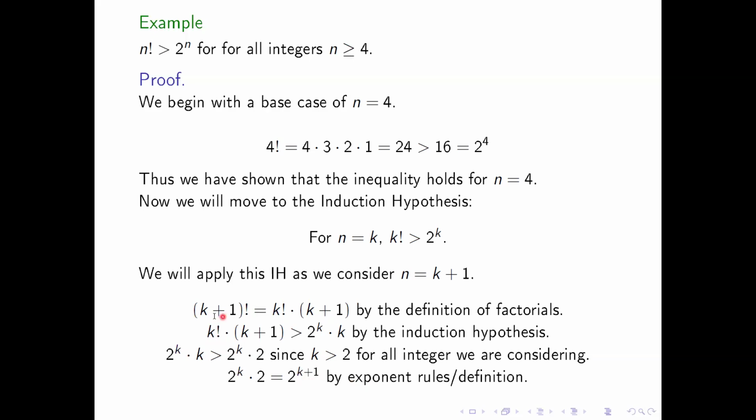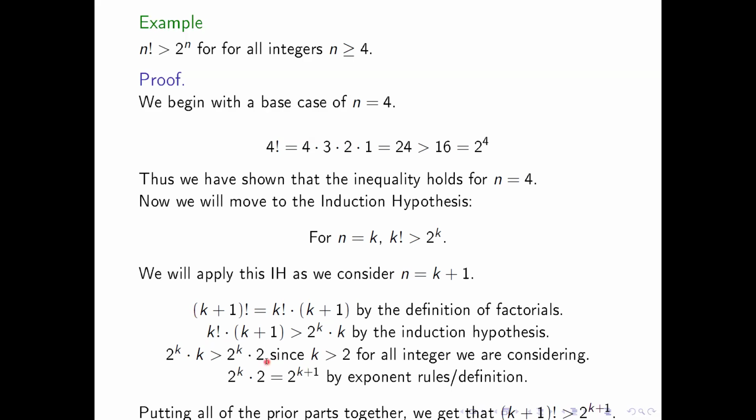So let's go back to this. k plus 1 factorial is equal to k factorial times k plus 1, which was bigger than this, which was bigger than this, which was equal to this. That means when we put them all together, we get the inequality that we really want, namely that k plus 1 factorial is bigger than 2 to the k plus 1.